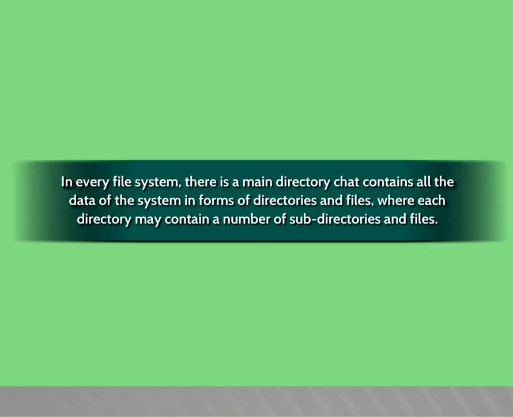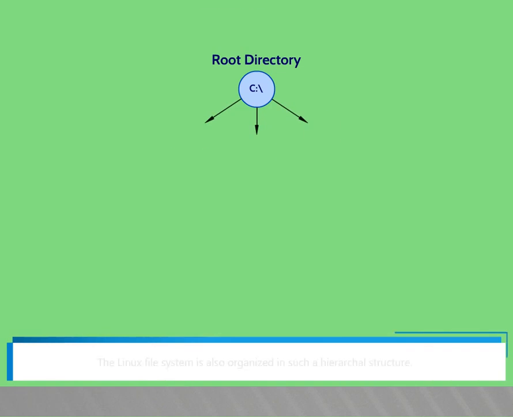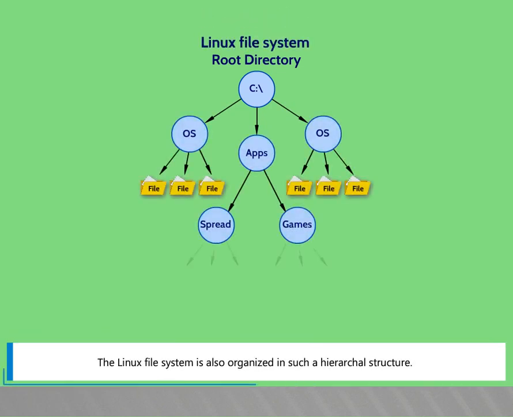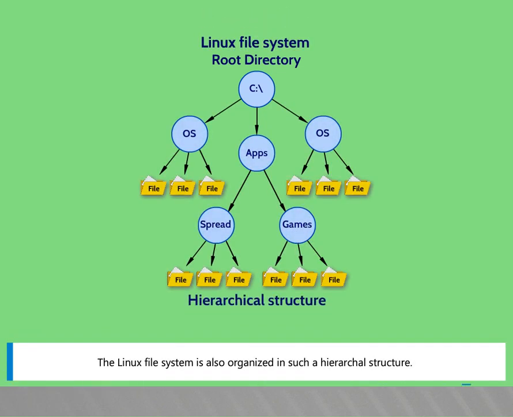In every file system, there is a main directory that contains all the data of the system in the form of directories and files, where each directory may contain a number of subdirectories and files. The Linux file system is also organized in such a hierarchical structure.